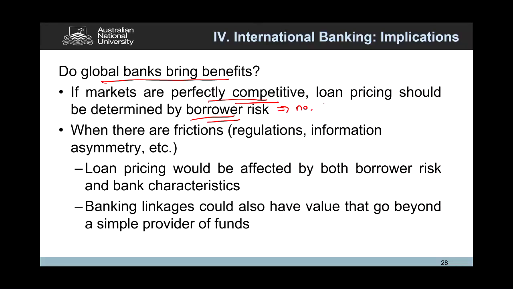We're talking about now institutional characteristics. So now we enter the realm of when there are frictions. When we're talking about frictions, we're talking about regulations, information asymmetry, and etc. So in this case, loan pricing would be affected by both bank characteristics as well as just credit risk. And bank linkages would be able then, in this case, to offer a value beyond a simple provider of funds.